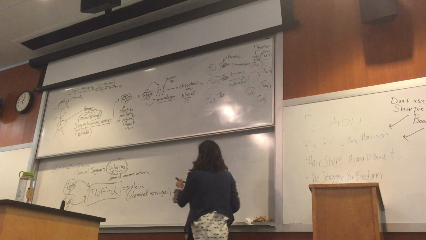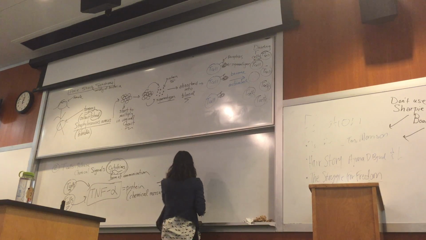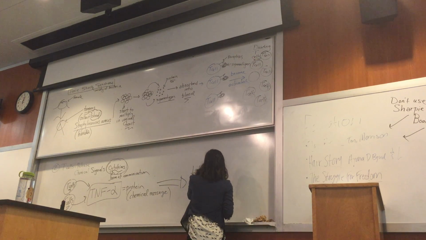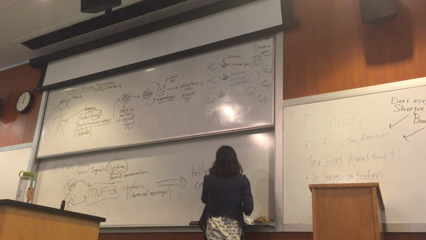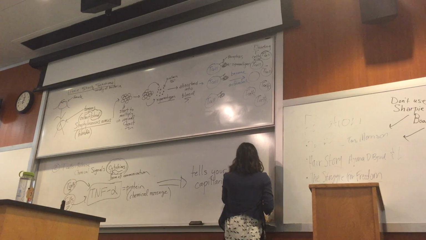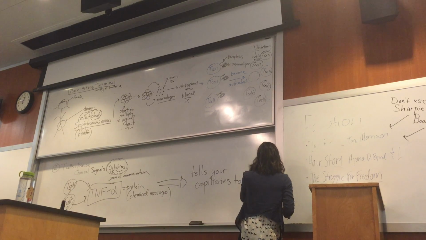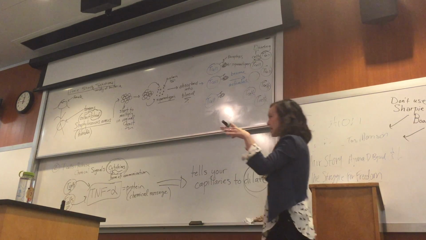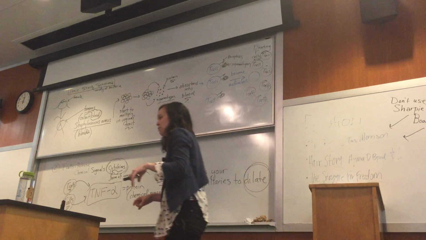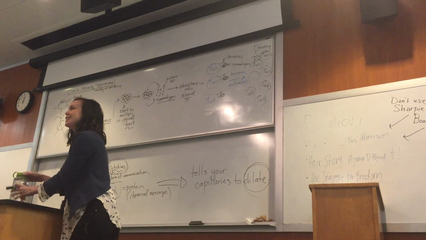And unfortunately, this particular chemical message tells your capillaries to dilate. Why would that be so bad, to have all of your capillaries dilating and becoming leaky? They'll drop your blood pressure.